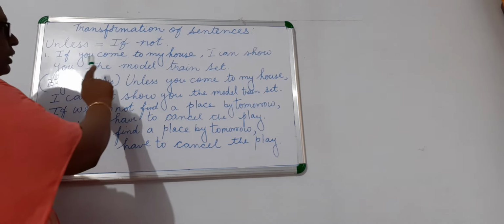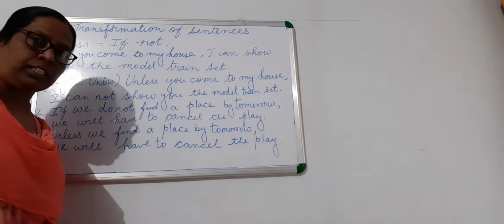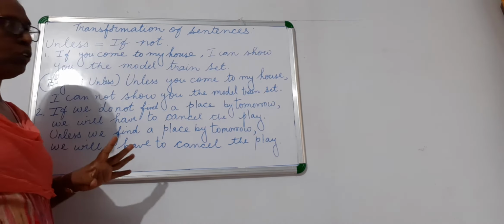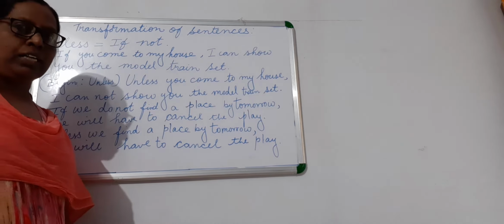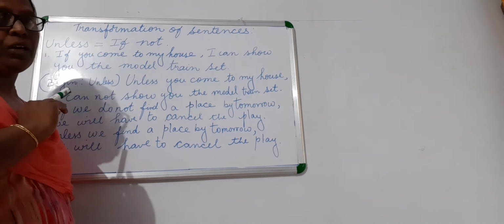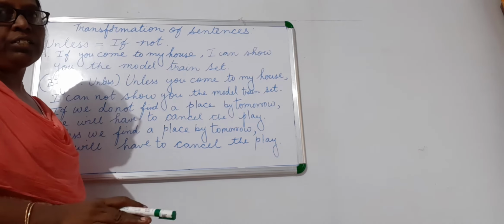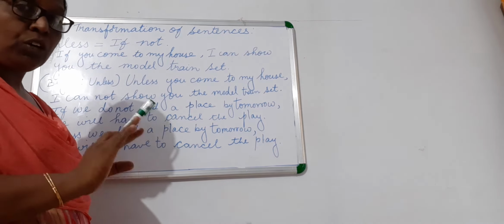If the sentence has no not, only if is there, see to that. Many children go wrong and just remove if and use unless. Then your sentence will be completely changed. You have not written the sentence without changing the meaning.